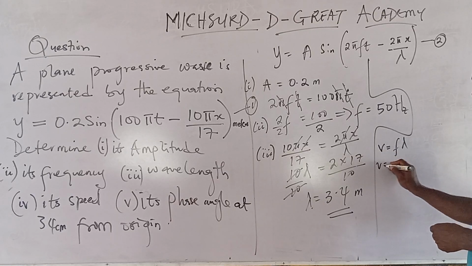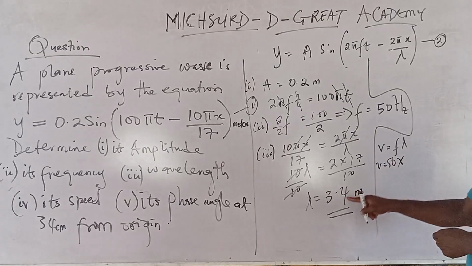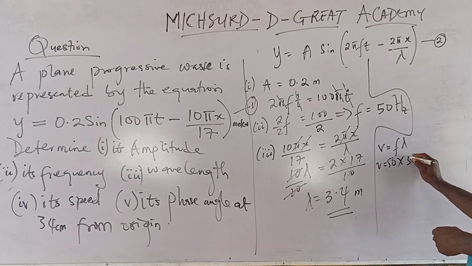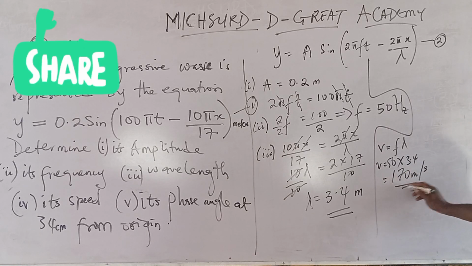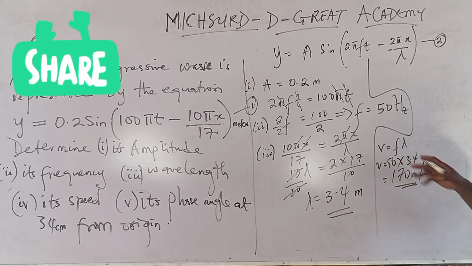So the wave speed is the frequency, 50, times the wavelength, 3.4. If we multiply this, we get 170 meters per second. So that is the speed of the wave.